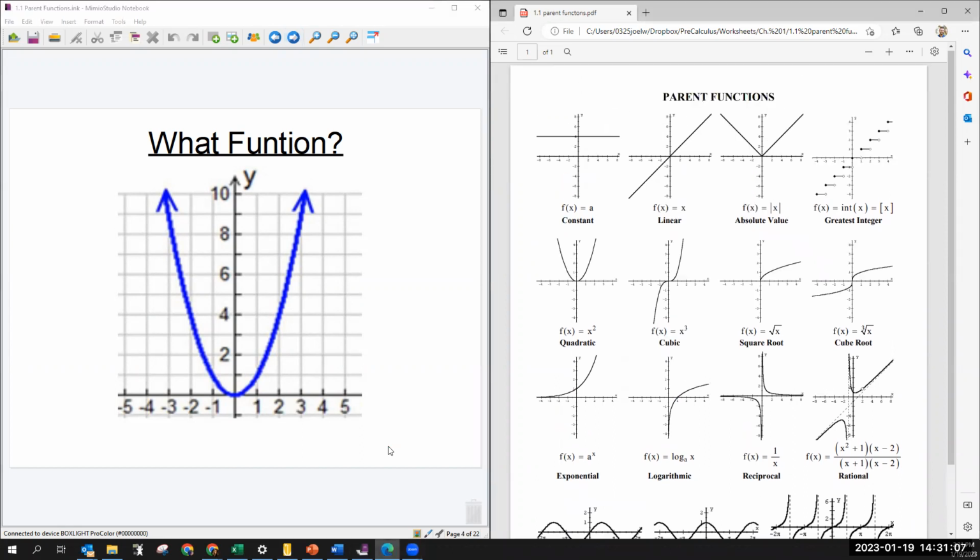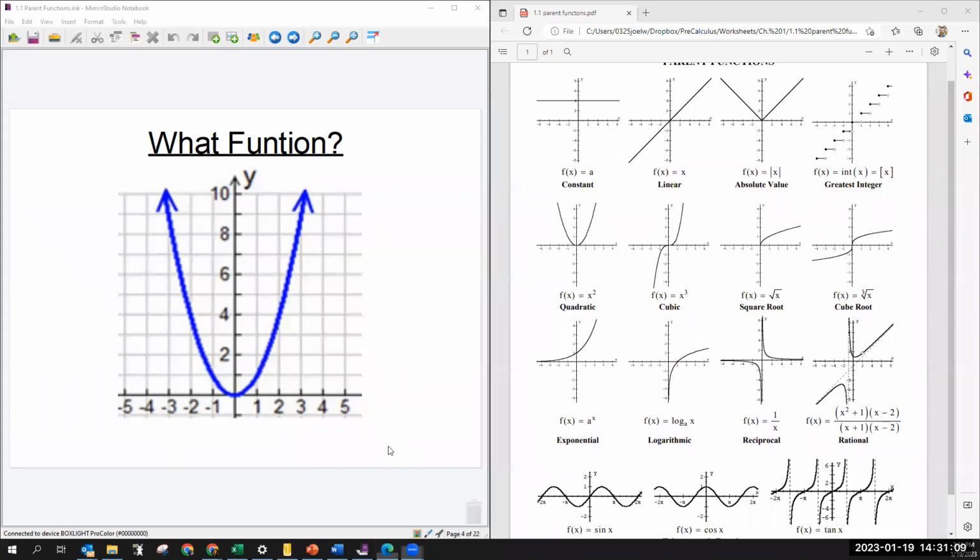Well, that one does. And so over here, I'd write, all right, it's quadratic, and it's f of x equals x squared.